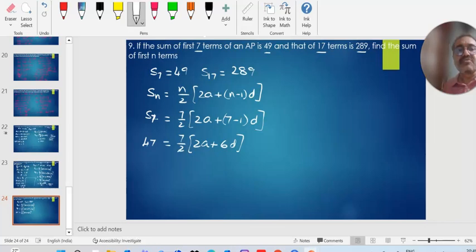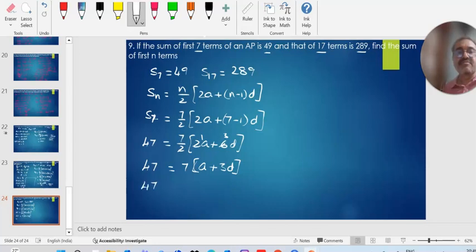ఈ 2తో మనం 2 1 2 3 క్యాన్సిల్ చేసుకుంటే 49 is equal to 7 into a plus 3d.